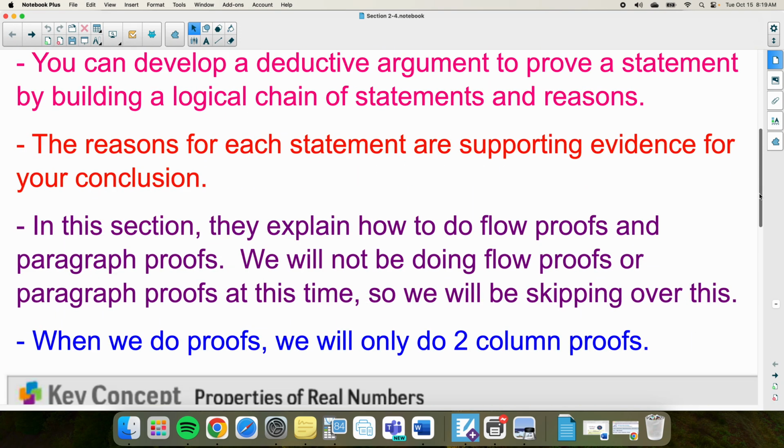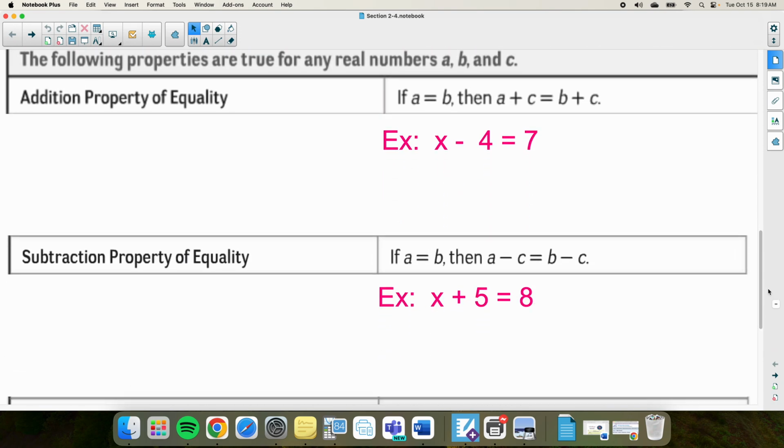So what we are going to have today at times is an equation like this, and we have to solve it. When we solve this, what would you do? You would add 4, right? And you're really adding 4 to both sides, and then you'd get x equals 11.